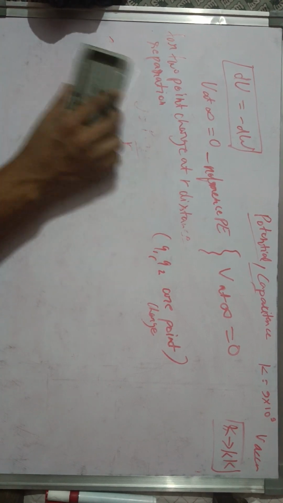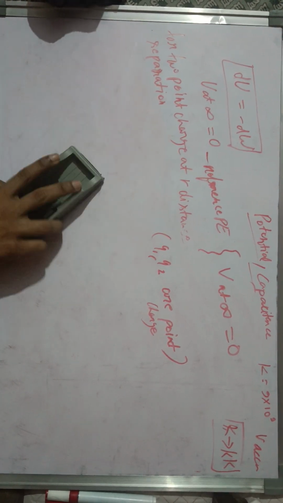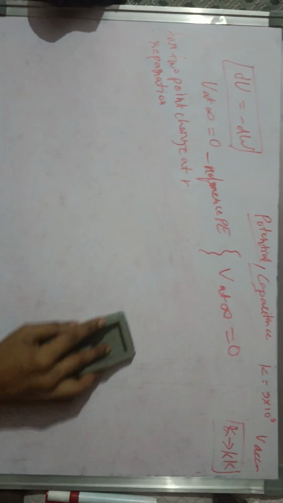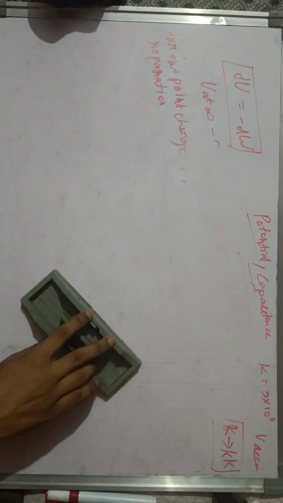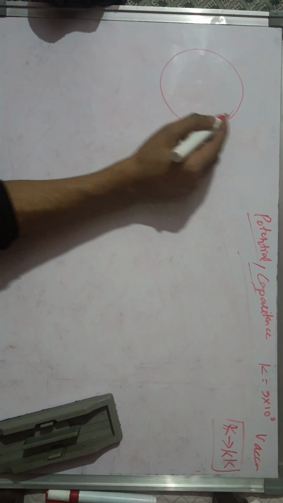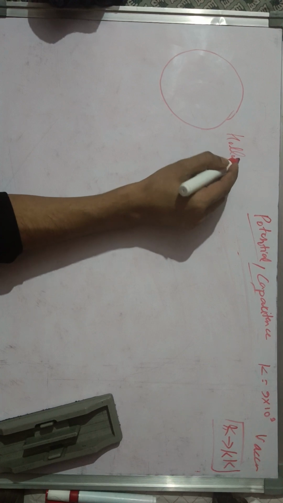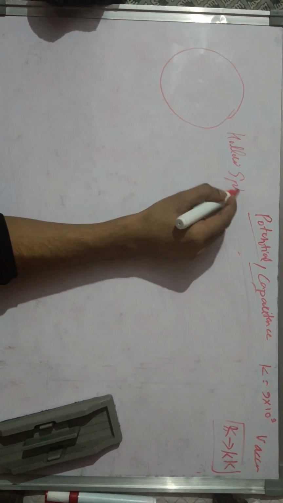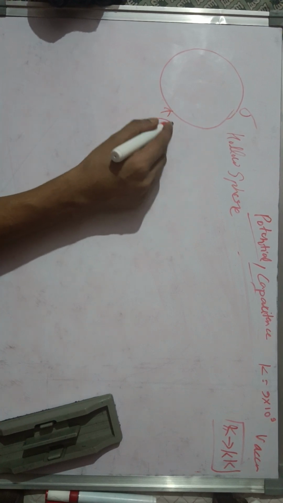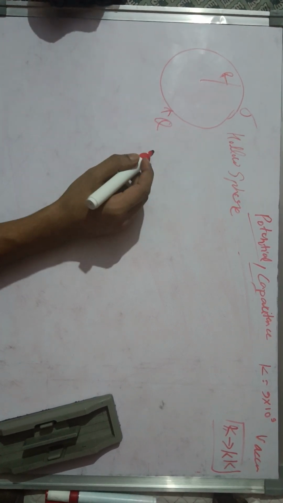Now moving ahead, doing some more calculations, some equations of potentials. I will directly write the equation of potential. Let's say there is a hollow sphere of charge density sigma. Let's say it is carrying the charge q and has a radius r.